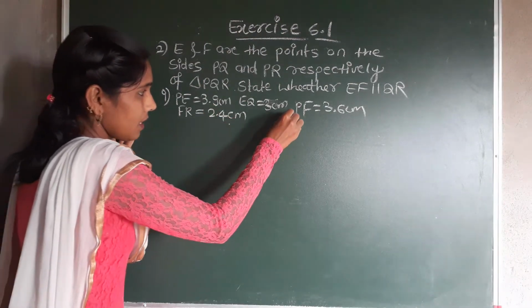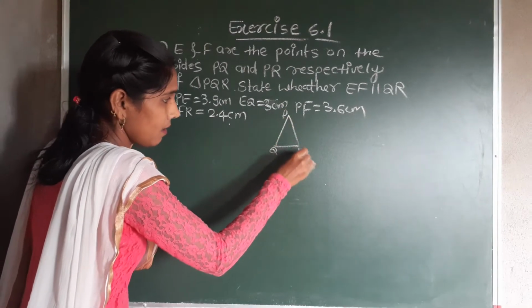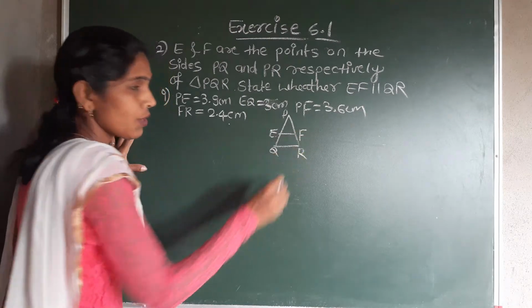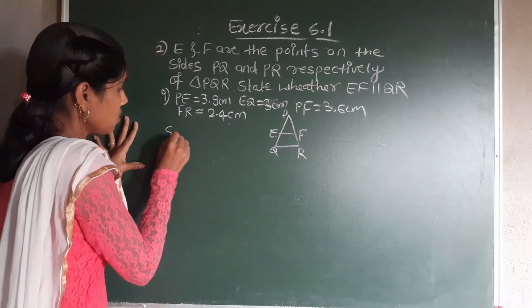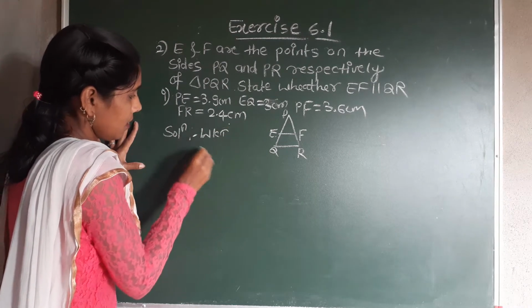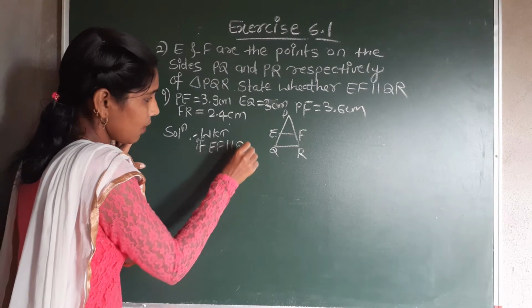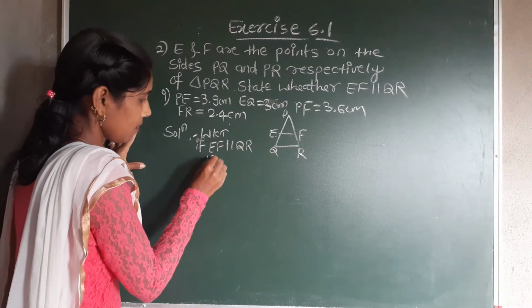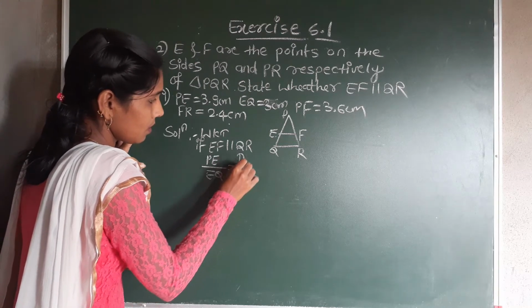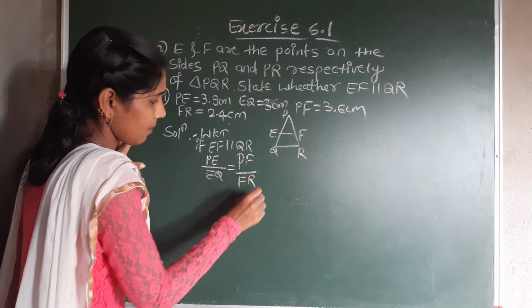This is one triangle PQR and this is EF. If EF is parallel to QR, we can write here solution. We know that if EF is parallel to QR, then we can write PE divided by EQ is equal to PF divided by FR.